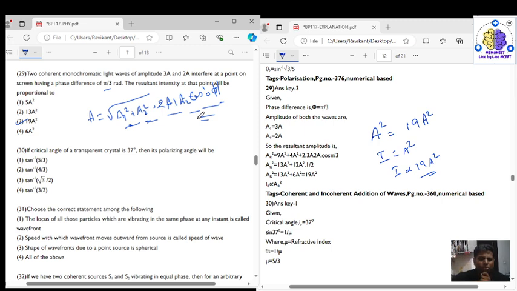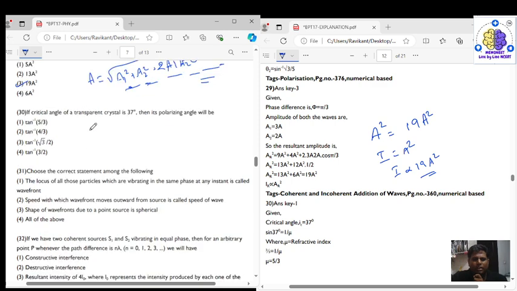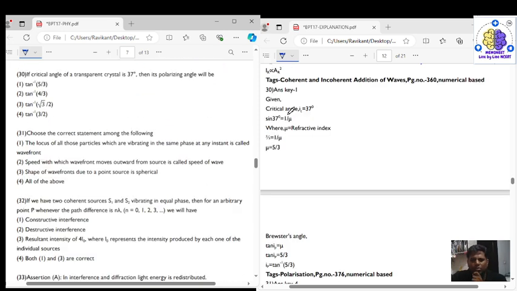Now let's come to question number 30. Question number 30 says that if the critical angle of the transparent crystal, that is theta c, is equal to 37 degrees, then its polarizing angle will be. So if theta c is given to us, we can calculate the refractive index, because sine theta c is equal to 1 by mu.